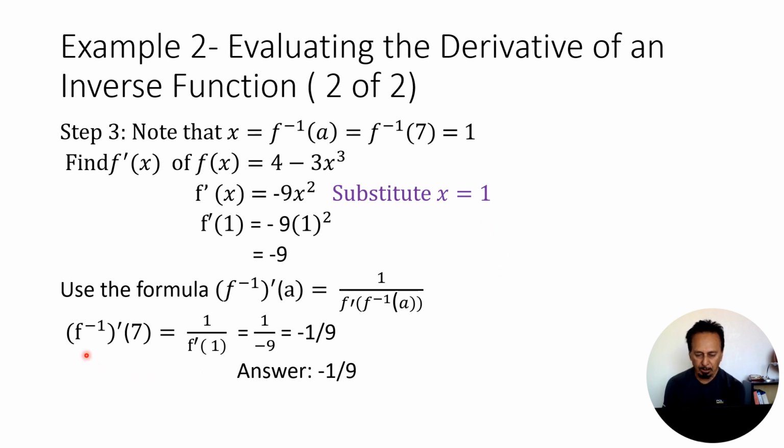So the derivative of the inverse evaluated at 7 is simply 1 over the first derivative evaluated at 1. And we already found f prime of 1 is minus 9. So this becomes 1 over minus 9, that is negative 1 over 9. And that's the answer.